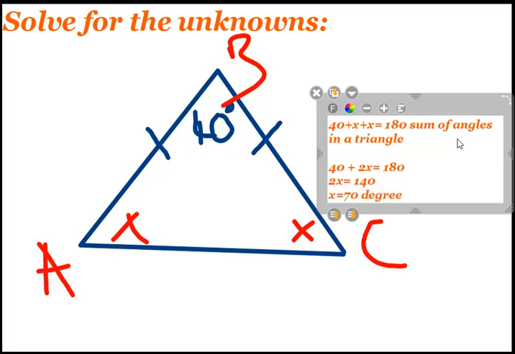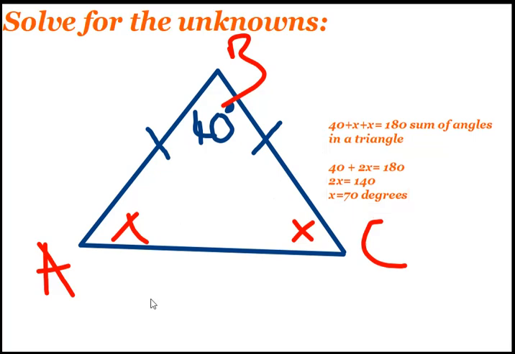So we can then substitute our x with 70 degrees because we've just solved for x. So this is going to be 70 degrees and 70 degrees. We only got to solve this triangle's angles because we knew what an isosceles triangle looks like and what it means when a triangle is isosceles.